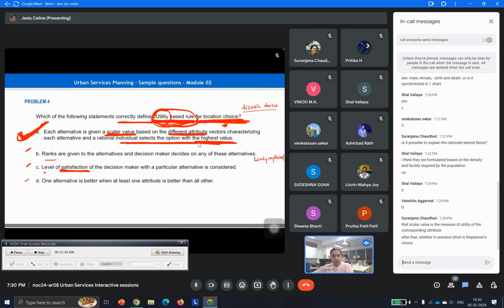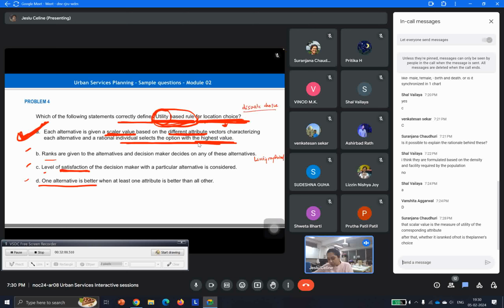So which means that, let's say for example, you want to buy a house, and the house is located close to a school. So you're thinking that your kids can go to the school nearby. So there's a level of satisfaction of taking that. So all the other utility parameters which are there are not considered. But again, you're satisfied with that. It's not a very dominating factor, but you're satisfied with all the other facilities which are there. So there's a level of satisfaction over there.